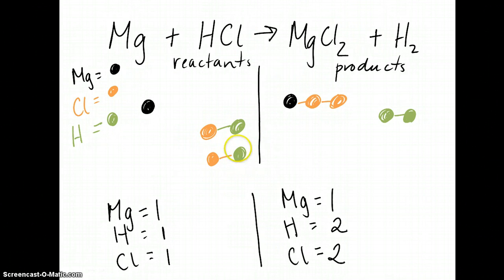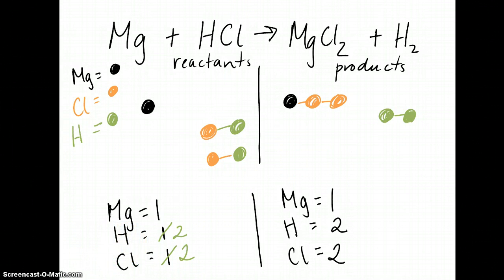So now I have 2 hydrogens and I have 2 chlorines. Do we have a balanced equation? And it looks, hey, it does. Often the hydrogens kind of work on its own. So now let's do our adding of how much we have of each item. So move back to the black pen.